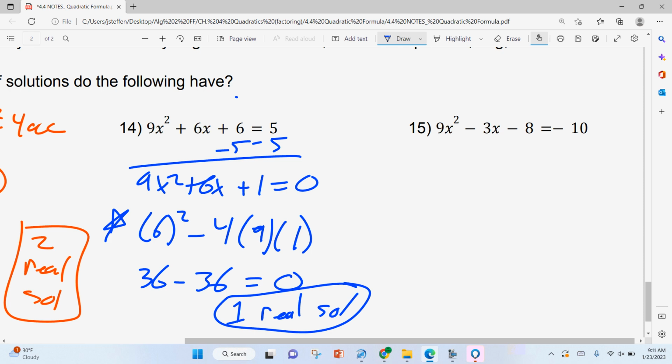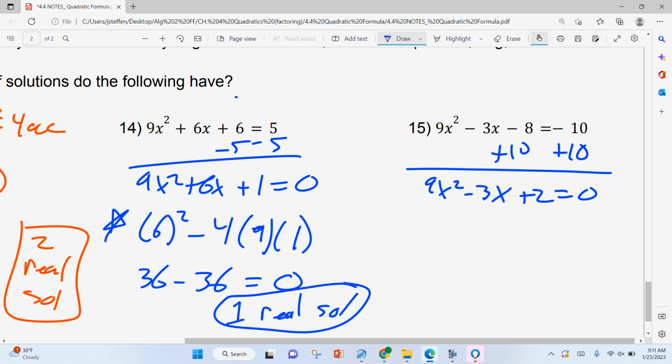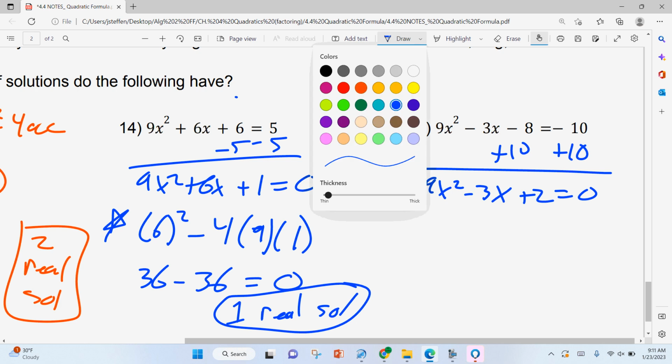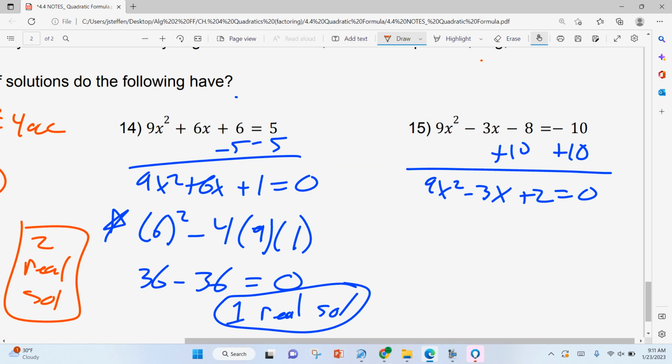And last but not least, get it equal to 0, 9x squared minus 3x plus 2. So we have negative 3 squared minus 4 times 9 times 2.